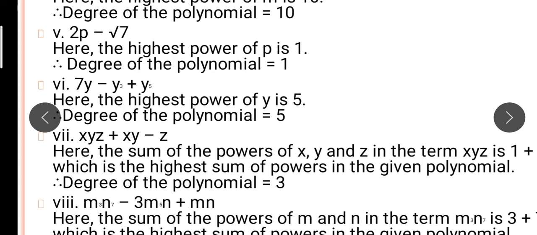The sum of the powers of xyz in the term xyz is 3, which is the highest sum of the powers. Means when a term has more than one variable, then you have to add all variables' degrees, and that addition is the degree of that term.